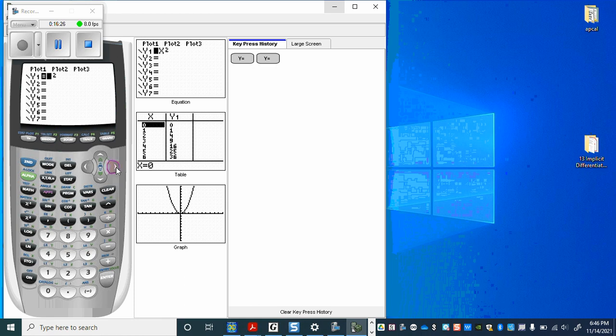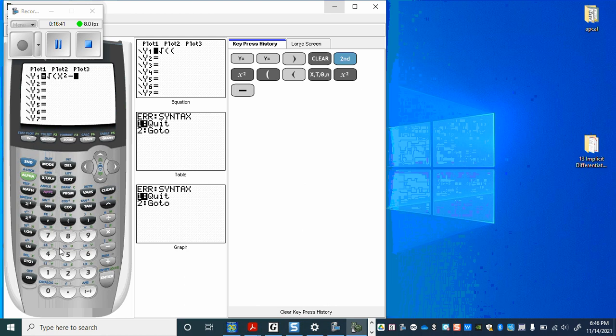So clear. Square root of x squared minus 4. Okay. And already I've got some stuff that says it doesn't exist.